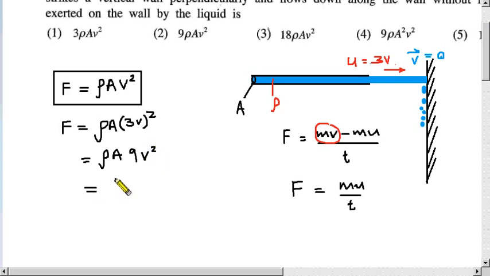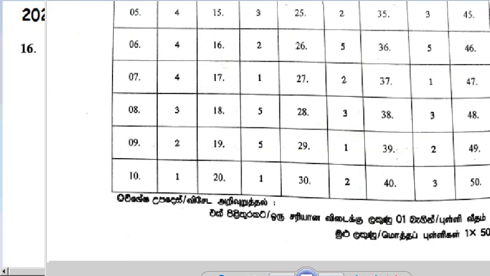Then 9 rho a v squared is the answer. So you have to select 9 rho A V squared, this one. So question number 16, the second one is correct.